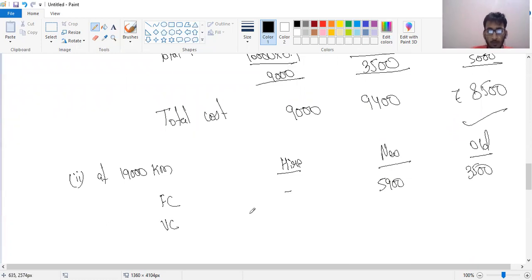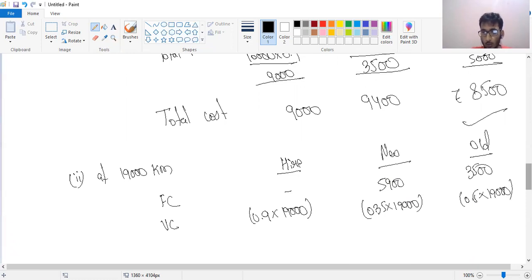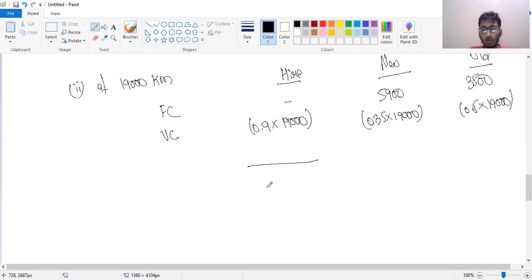Variable cost would be 0.9 multiplied by 19,000, 0.35 multiplied by 19,000, and 0.5 multiplied by 19,000. Just calculate once. It would be 17,100. Yes, I need to calculate this one.